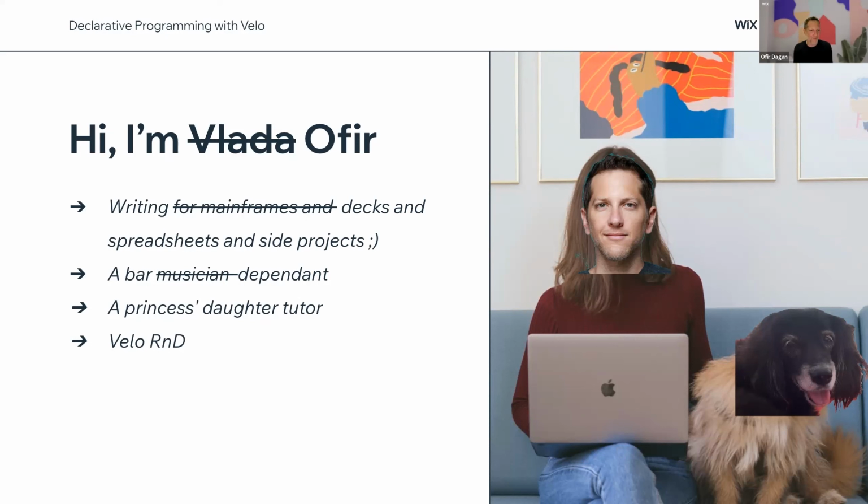Okay, so my name is Ofir. I'm not writing for mainframes, but I am writing a lot of decks and spreadsheets, but I like the most to write side projects. Of course, all of my side projects are on Velo. In my day-to-day job, I unfortunately write spreadsheets more than I write code, but I like it as well.